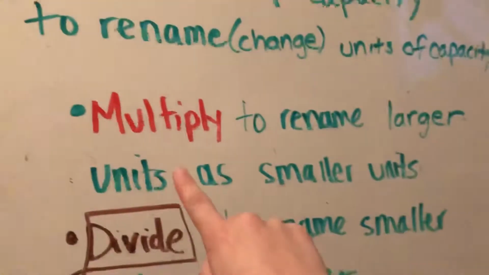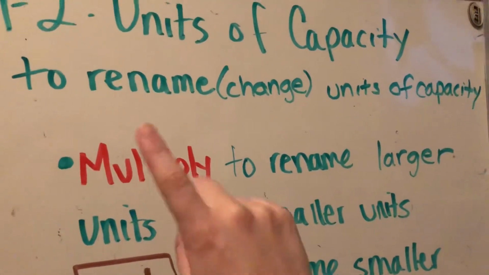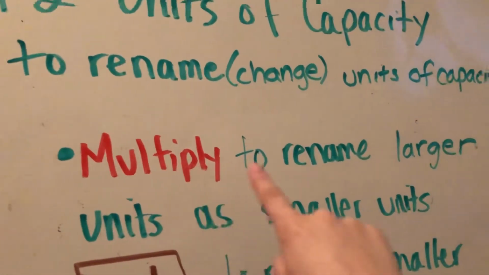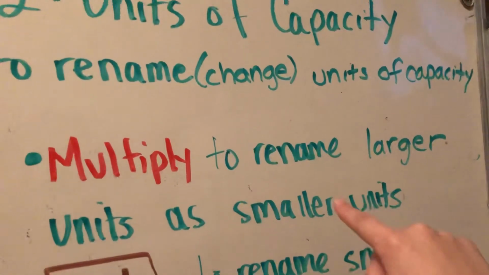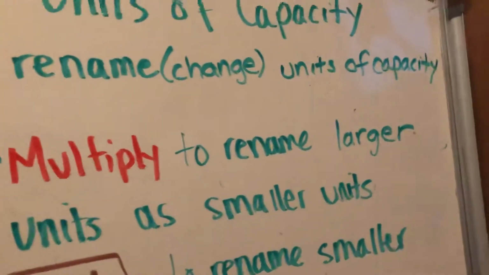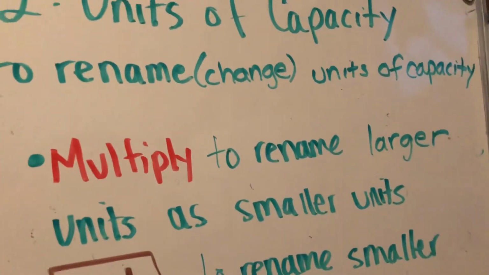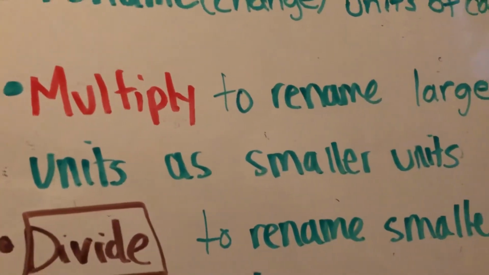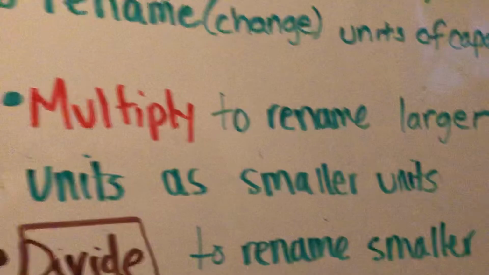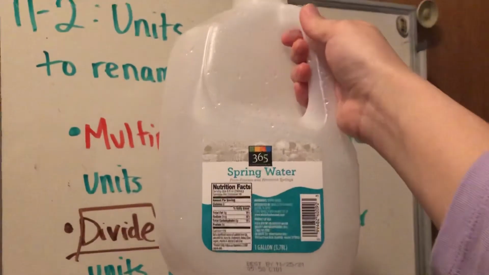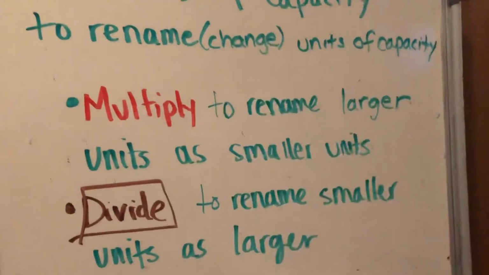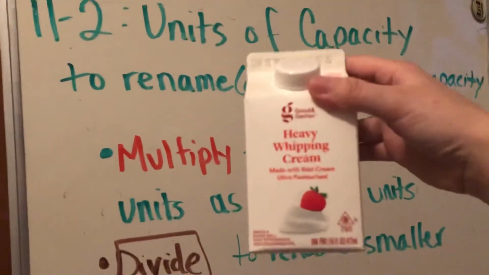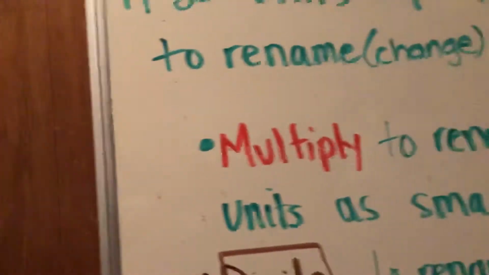So to find this, you need to take either 2 steps. One of them is to multiply larger units as smaller units. So if you have, for example, a gallon and you want to find how many pints are in here, or actually let's do quarts.